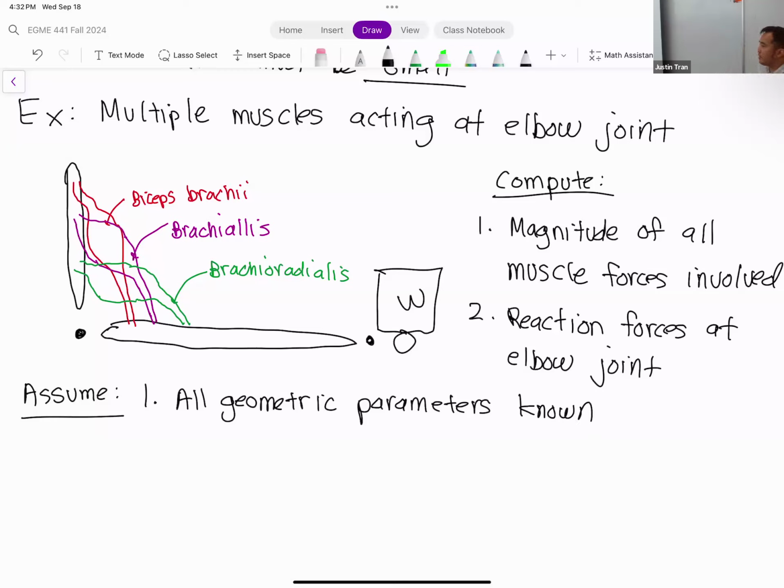That includes the lengths of all the limbs, as well as the moment arms for each of the muscles, as well as their attachment angles.